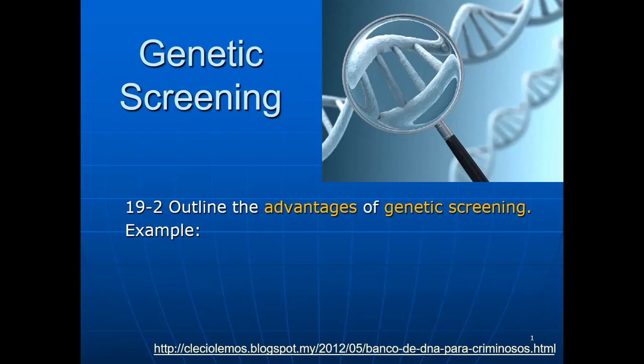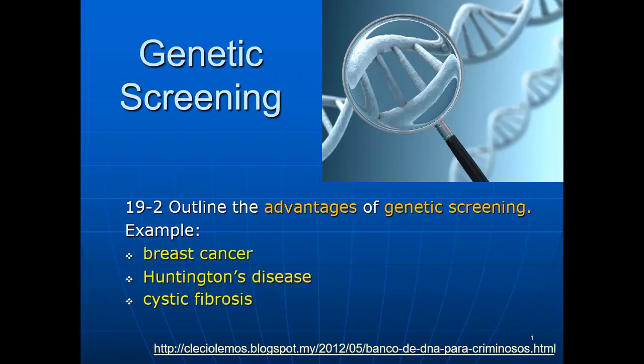So the probe will be used to screen for, for example, breast cancer. A DNA probe is used to screen for complementary DNA, right? So it's used to screen for alleles that can result in breast cancer, Huntington's disease and cystic fibrosis.